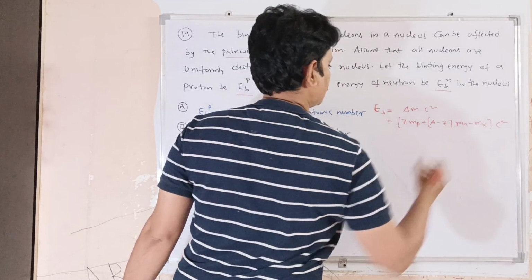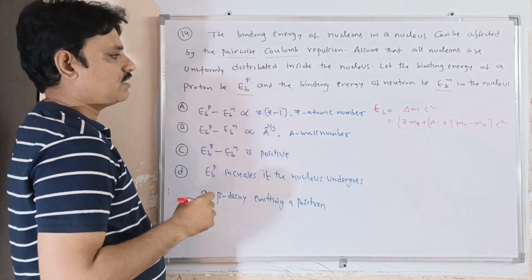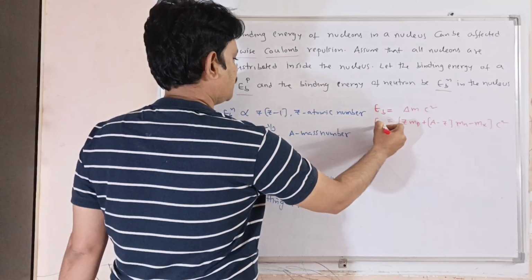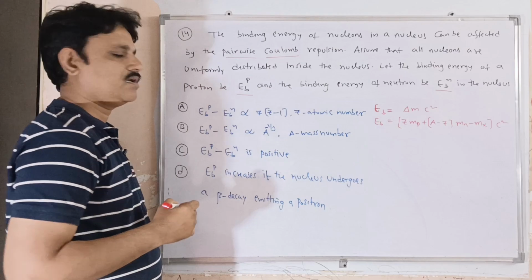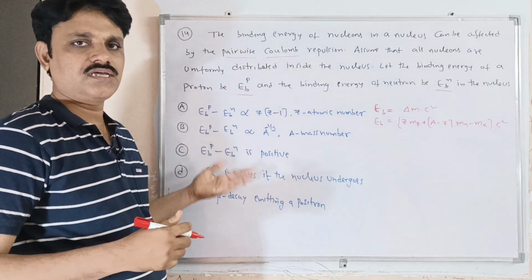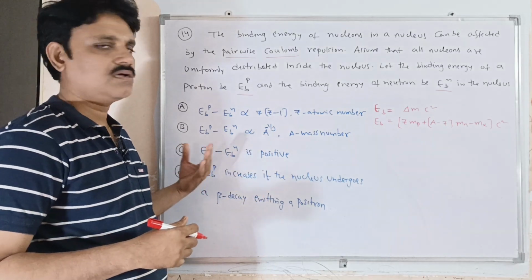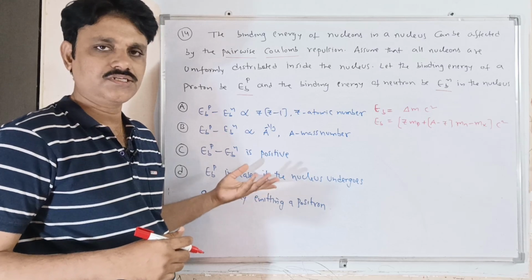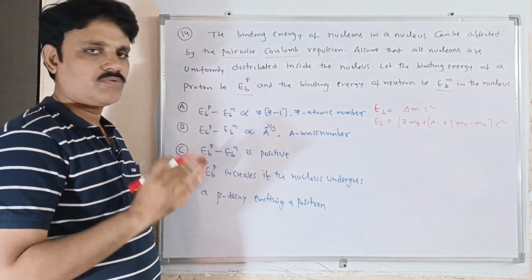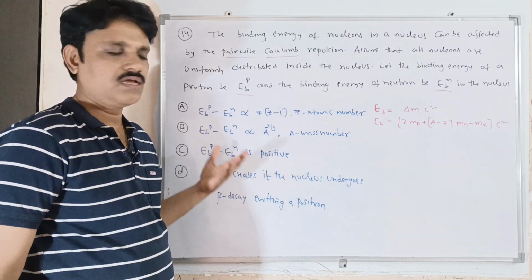This is the actual binding energy without considering the repulsions, but there is a repulsion inside the nucleus. In between two protons there is a repulsion, but in between two neutrons there is no repulsion.